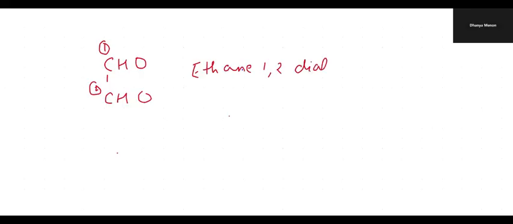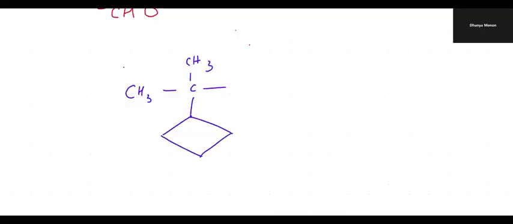Right. Similarly, if I have another question, CH3, CH3. If I give a question like this, C double bond O, H. So this is the aldehyde group. So definitely your numbering will be from the functional group, that is aldehyde, to third position. Okay.